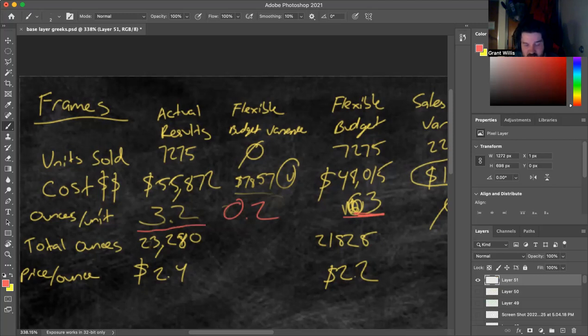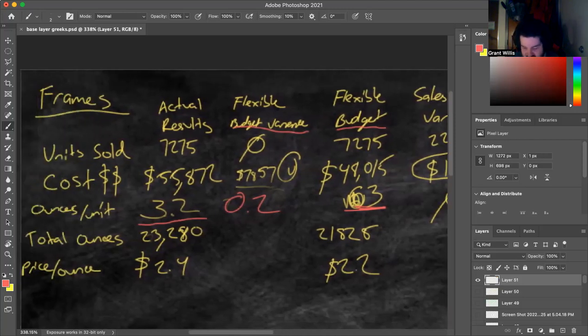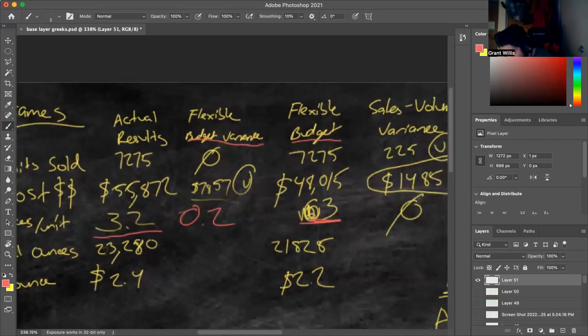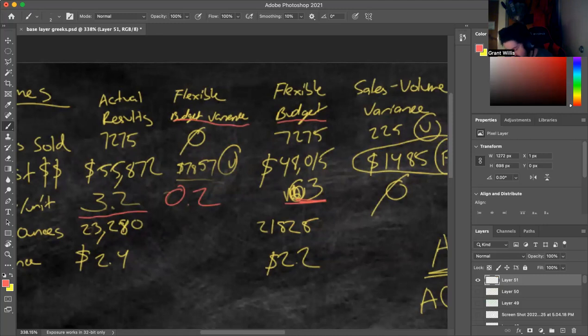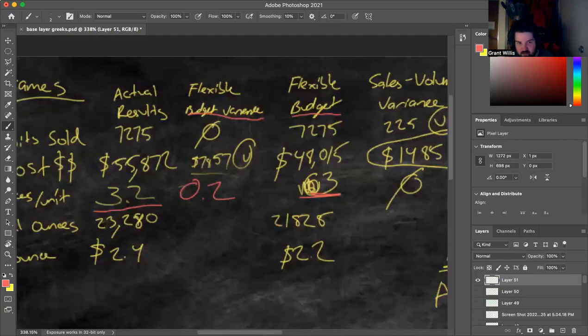So you're talking about this category right here or this category? The second one, flexible budget. Did I just label it wrong by mistake? So just flexible budget, not flexible budget variance.